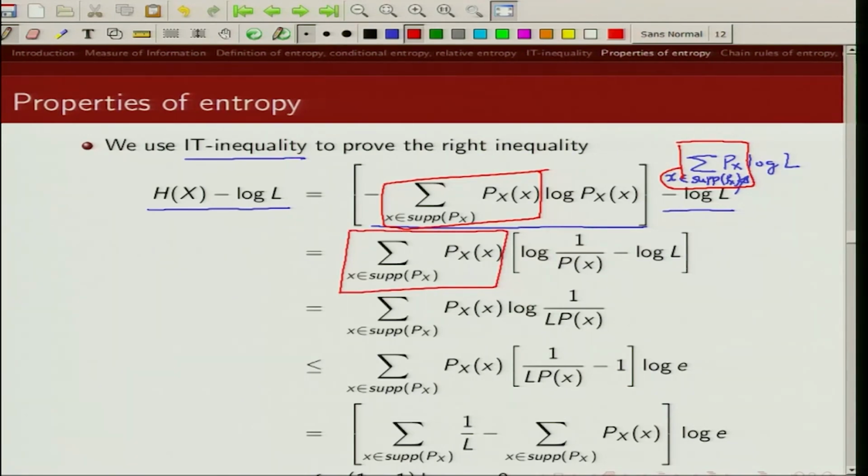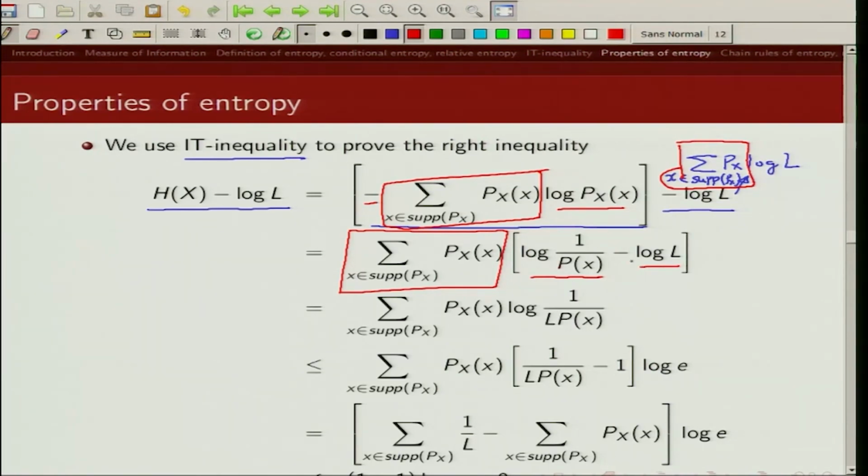Okay. Now I have minus log of p of x, that I can write as log of 1 by p of x. So this is how I am writing this, and I have minus log of L, that is this term.